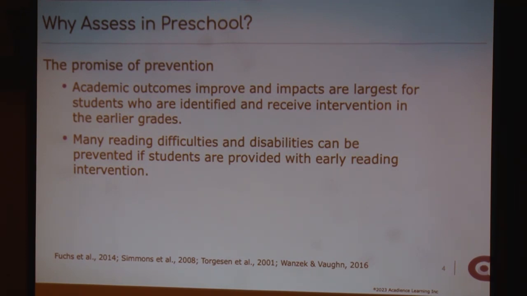We can prevent the severity of the reading disability if we start early and get kids on track and continue to keep kids on track. Those kids may continue to need some support, but we can really minimize the impact of that disability. And then for a lot of kids who actually don't have dyslexia, we want to get them on track and keep them on track and reduce the risk of reading problems later.